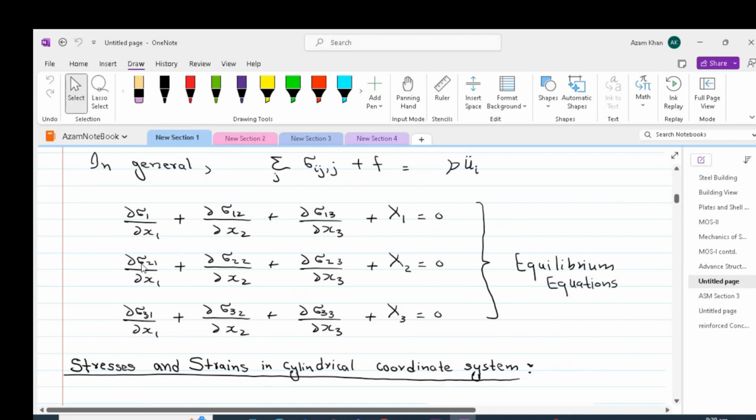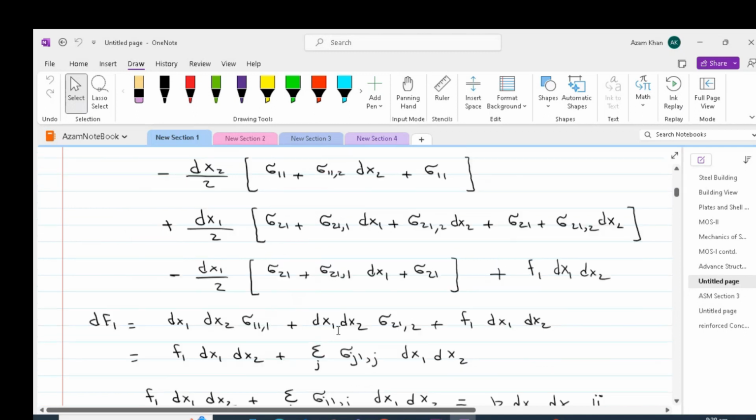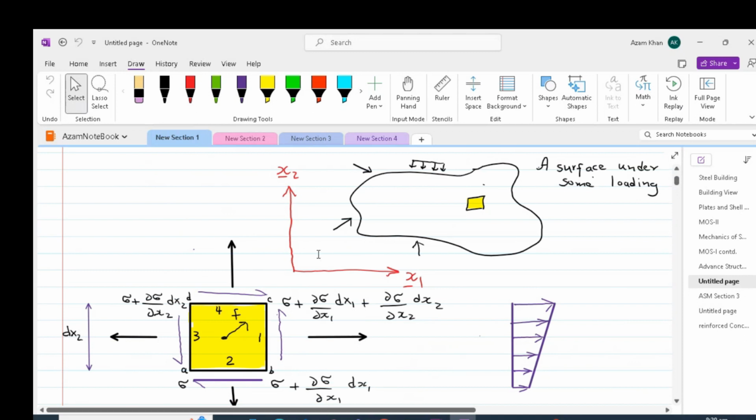And then similarly, partial sigma 2 1 by partial x1 plus partial sigma 2 2 by partial x2 plus partial sigma 2 3 by partial x3 plus X2 equal to 0. The third one is partial sigma 3 1 by partial x1 plus partial sigma 3 2 by partial x2 plus partial sigma 3 3 by partial x3 plus X3 equal to 0. X1, X2, X3 were the body forces in the three directions.